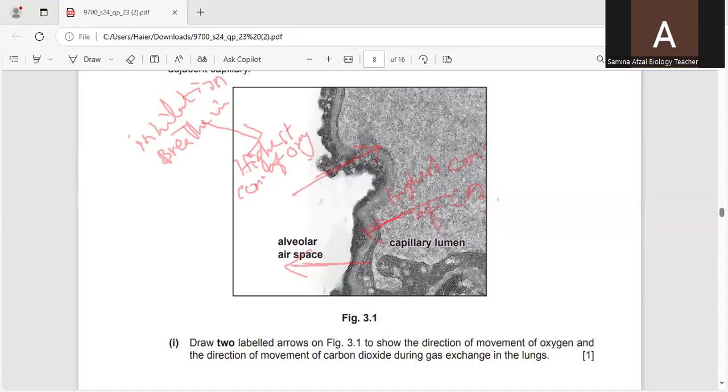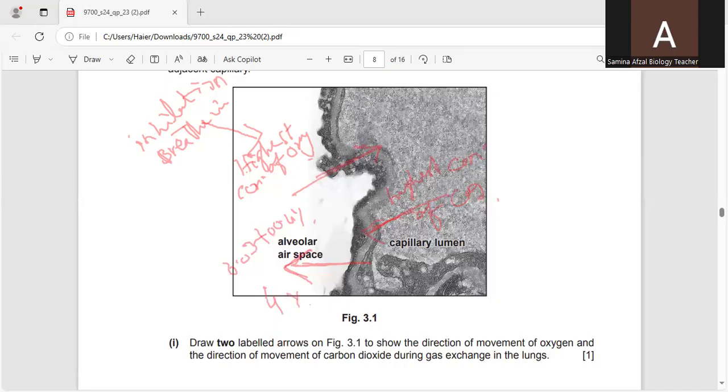Oxygen, due to its higher concentration, will move towards the capillary lumen, and from the capillary lumen, as there is a high concentration of carbon dioxide, carbon dioxide will move from its higher concentration towards lower concentration. A very low concentration, that is 0.03% to 0.04%, is present in the air, whereas in the capillary about 4% of carbon dioxide is there.